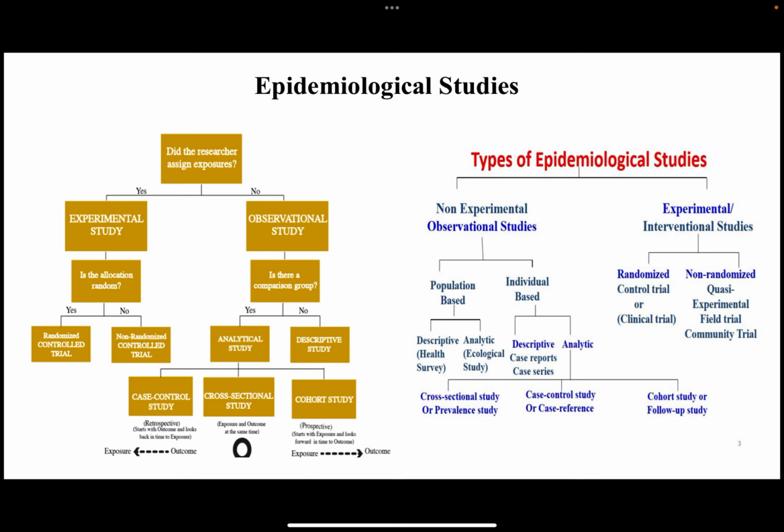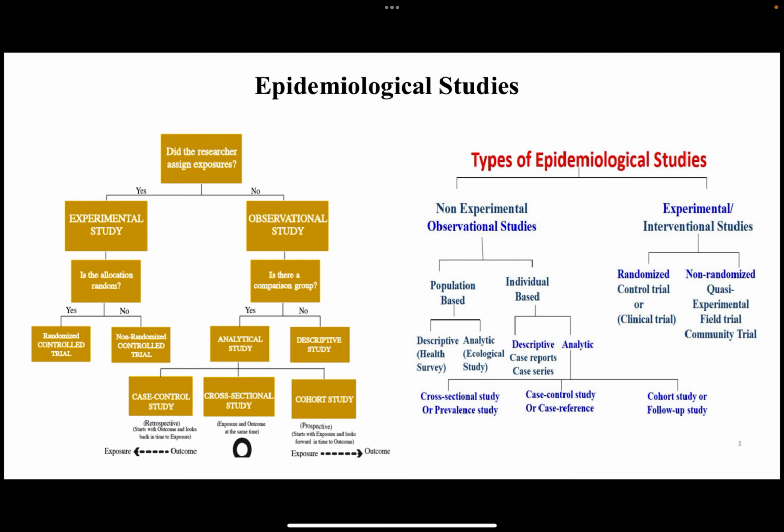And because randomization is allowed, it tries to reduce bias. But then experimental studies are very expensive and very time consuming. Sometimes ethical issues may arise because you are going to test medications and interventions, sometimes using human beings. So ethical issues may be a challenge in experimental studies.